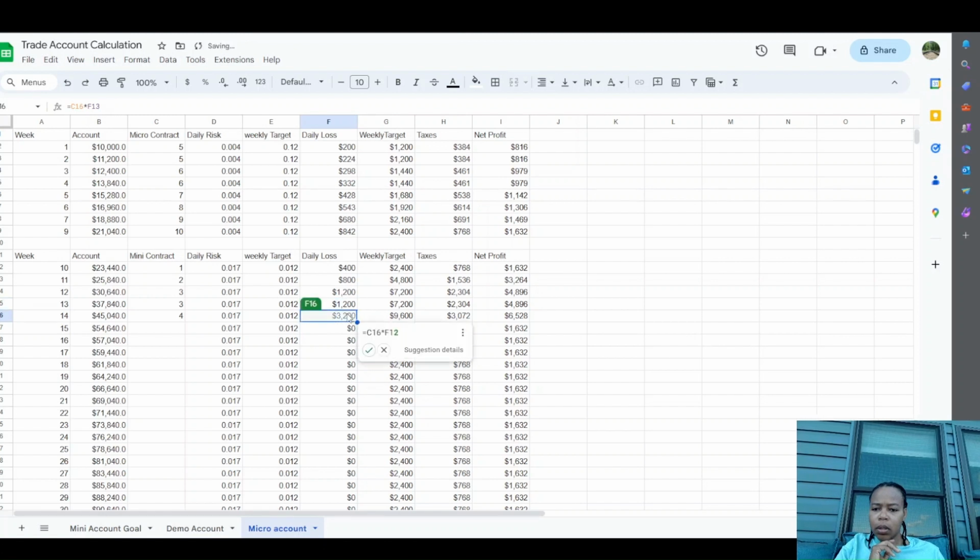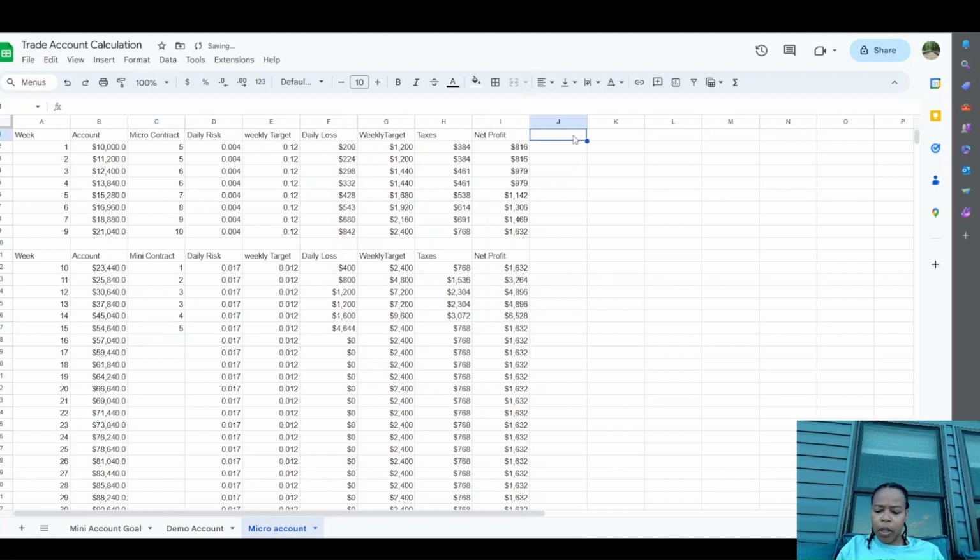Hold on. Okay, right. Let's see, 16 times that, yeah. So 3,200, 1,600. Okay, good. So weekly target is 96, taxes 60. Okay, so we're at, okay, 54. We're at 5 contracts.